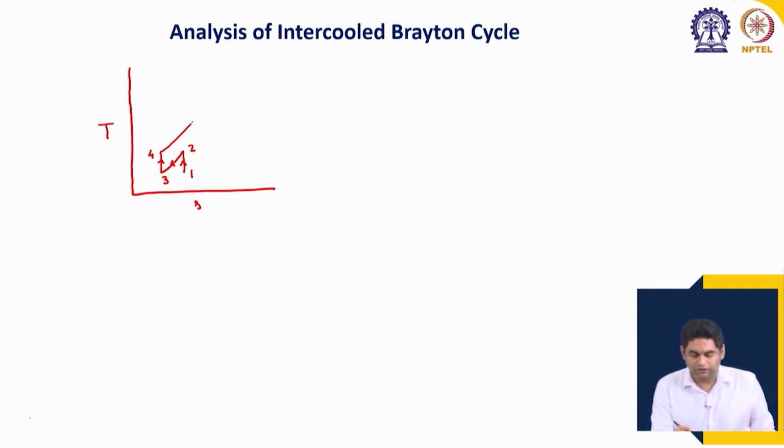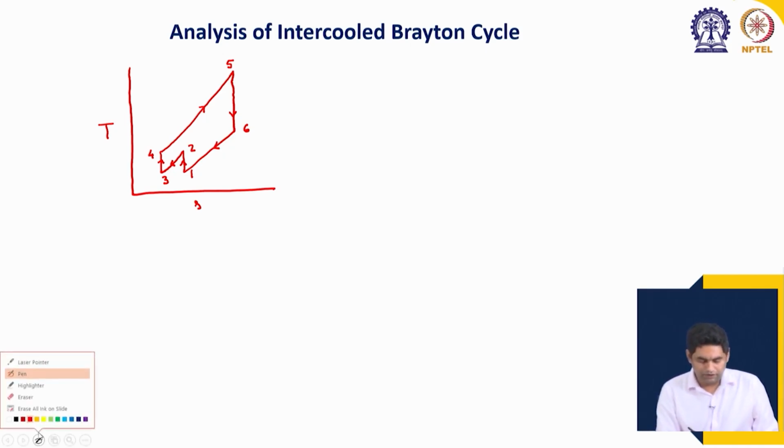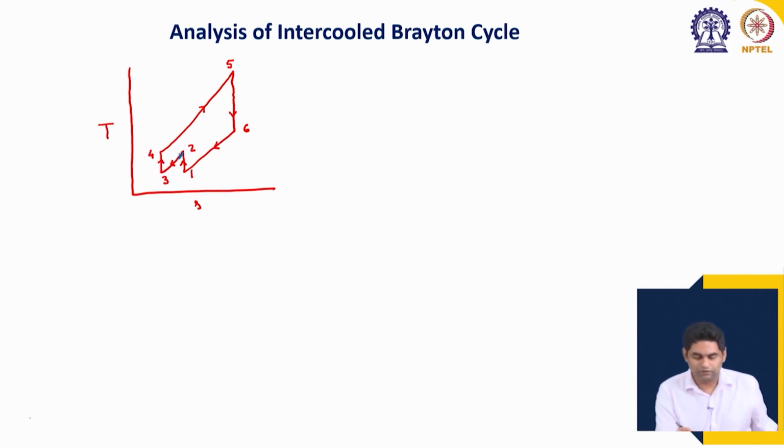Then from 4 to 5 we have the heat addition in the combustion chamber, 5 to 6 we have the expansion in the turbine, and with 6 to 1 we close out the cycle by adding the hypothetical heat removal process at constant pressure. So, this is our TS diagram, and here the intercooling is the process going from 2 to 3.